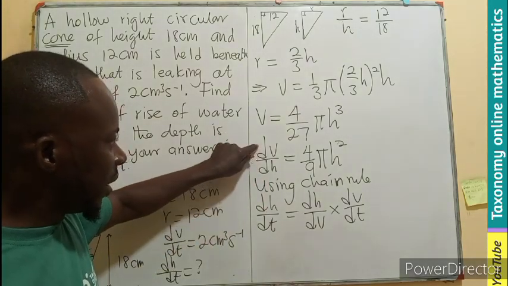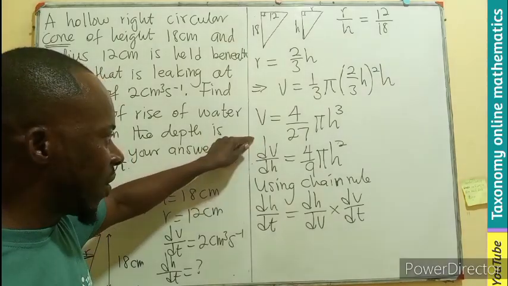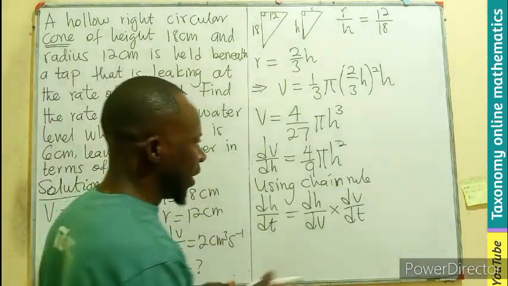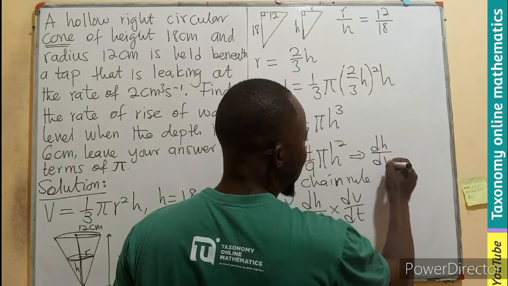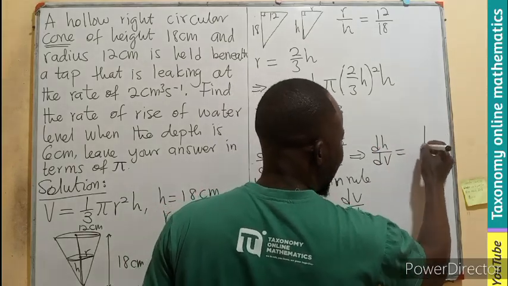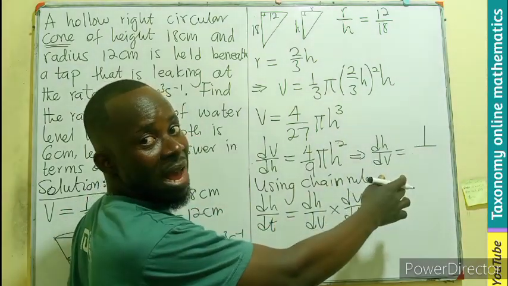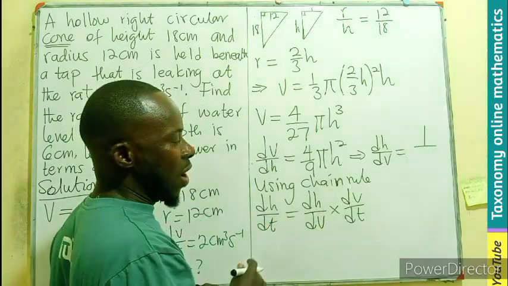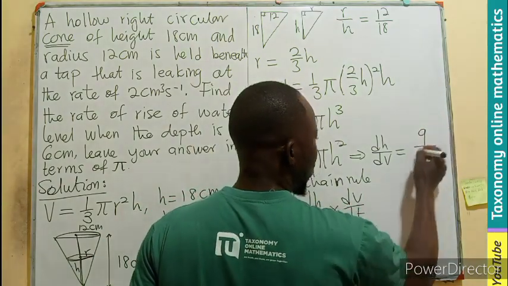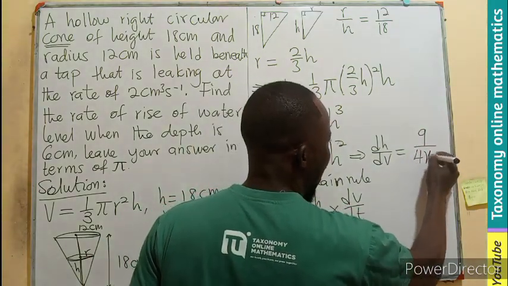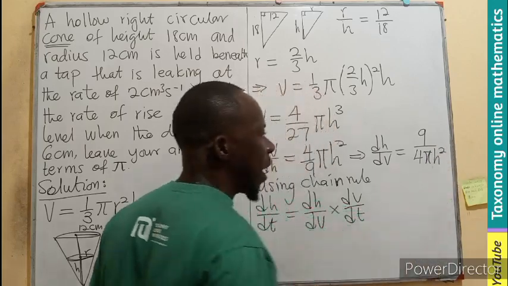Okay, I can see dV/dH. dH over dV, we can find the reciprocal of this. So in this case, we can take our dH over dV to be the reciprocal of this. So all this is 1 divided by that. Now, seeing this is a fraction, the 9 goes up, then we have 4 pi H squared.